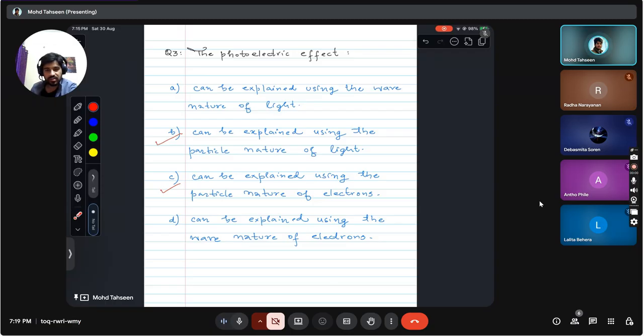Which experiment gave us this information that electrons can behave as waves? Does anyone know? Okay, so it was the Davisson and Germer experiment.